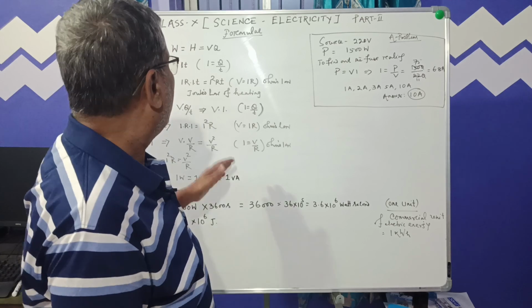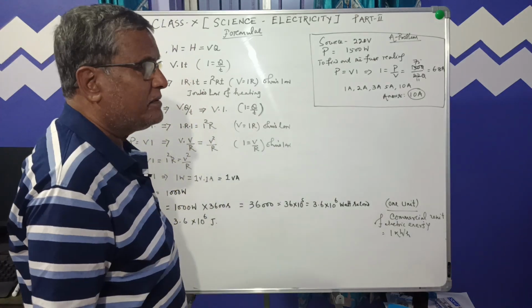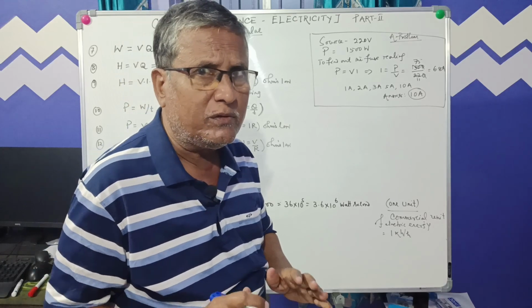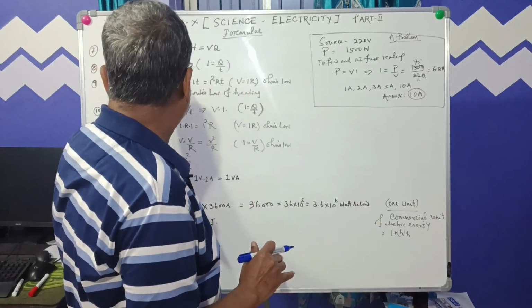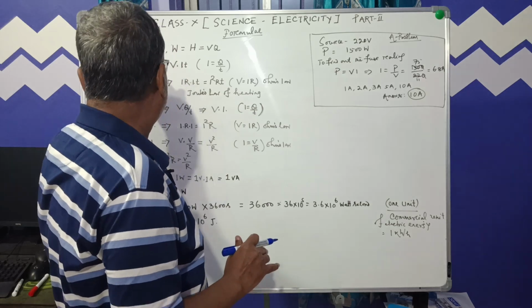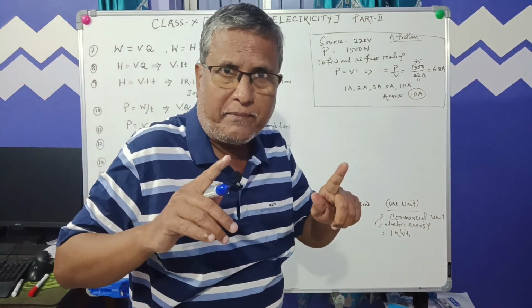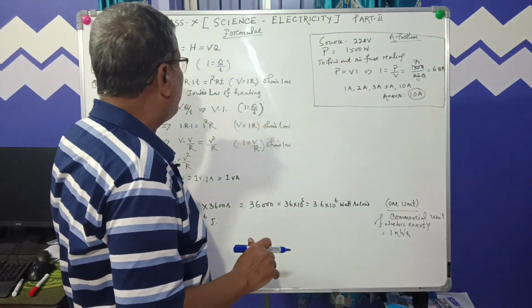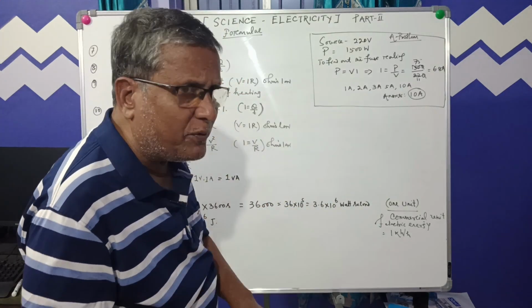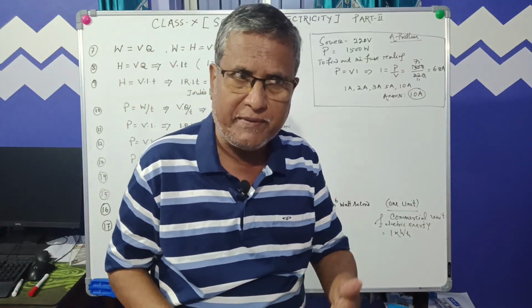Now you see the amount of work done due to the flow, means displacement of number of charges by the electrical pressure or the potential difference V, is equal to the amount of heat dissipated.